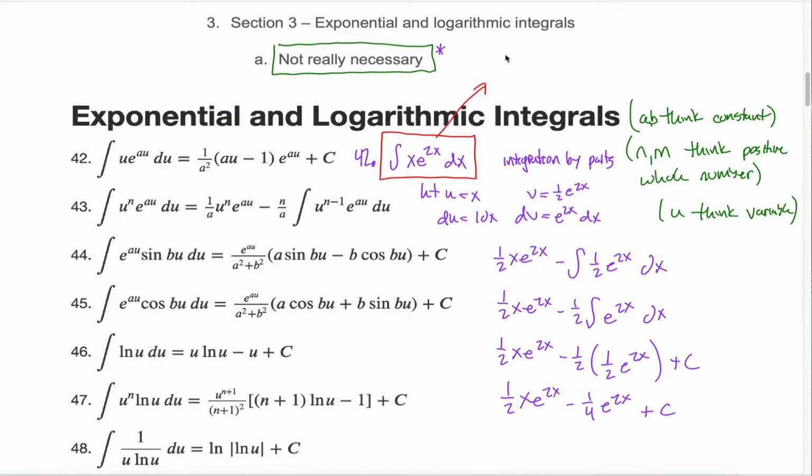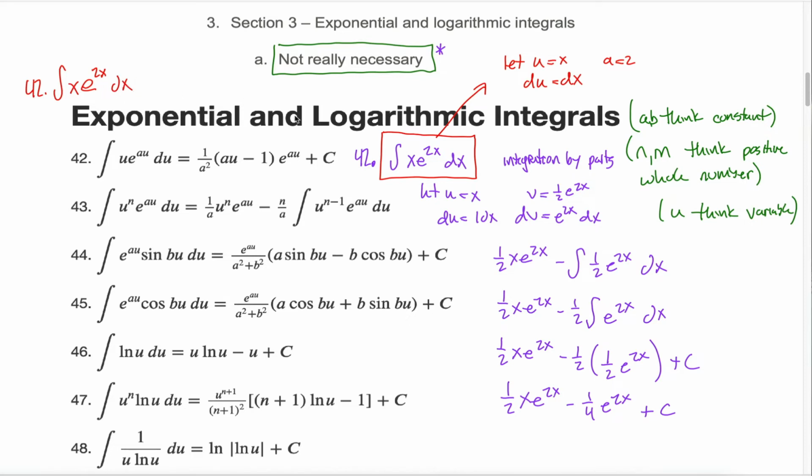u substitution, where we're going to let u be equal to x, in which case du is equal to dx, and then note that a is equal to 2. With these three assumptions, this formula 42 right here tells us that the integral of, instead of writing u, I'm going to write x, e to the, instead of writing a times u, I'm going to write 2 times x, and then instead of writing du, I'm going to write dx.